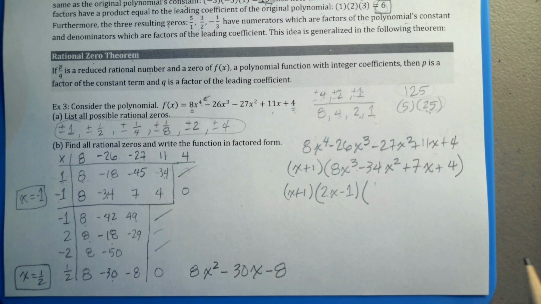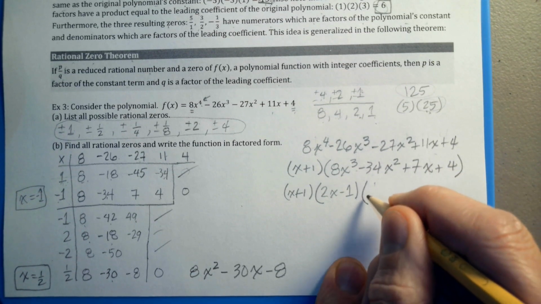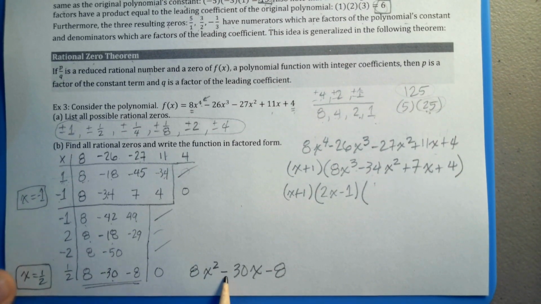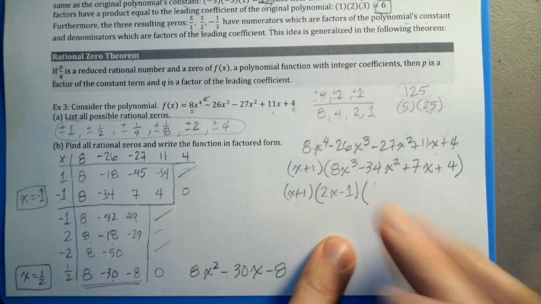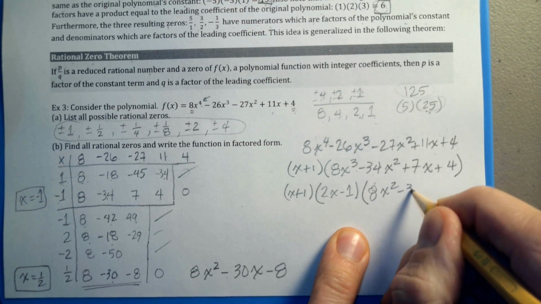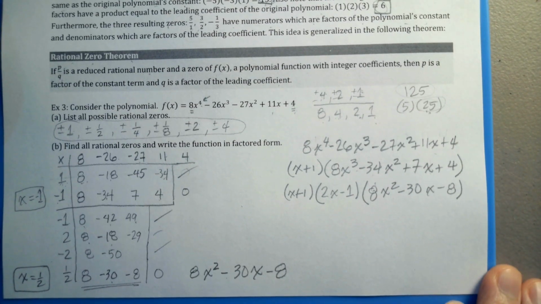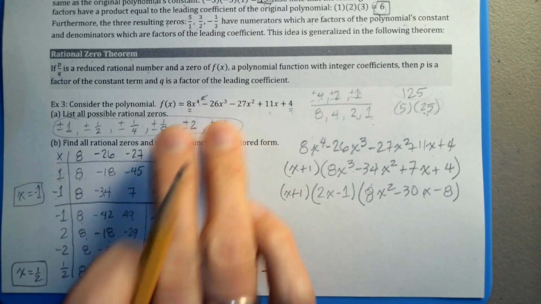Okay, and so that's what we have here, right? These numbers represent the depressed polynomial, but that is what we factor this cubic into. All right, so we have 8x squared minus 30x minus 8, and that is the factorization of this thing.